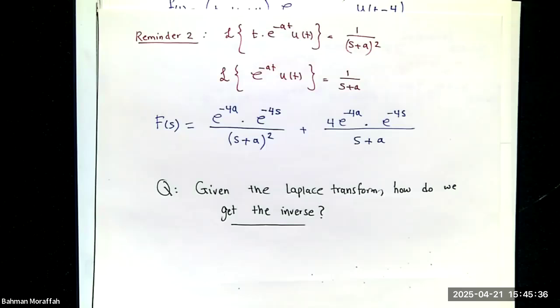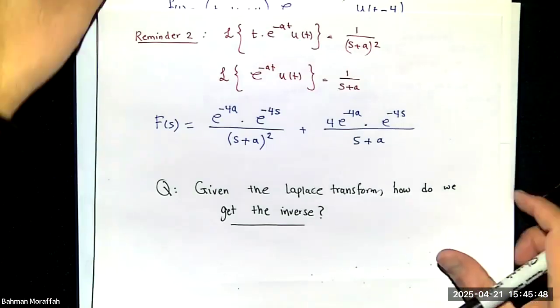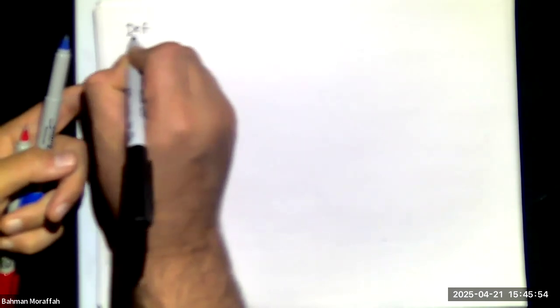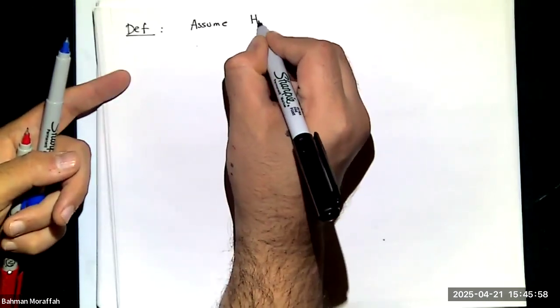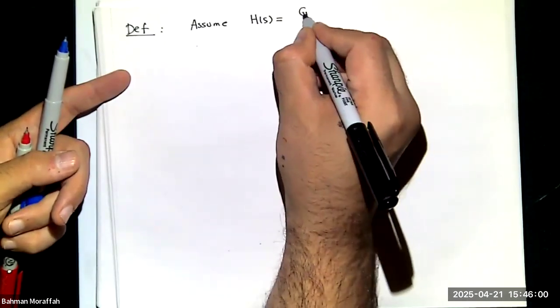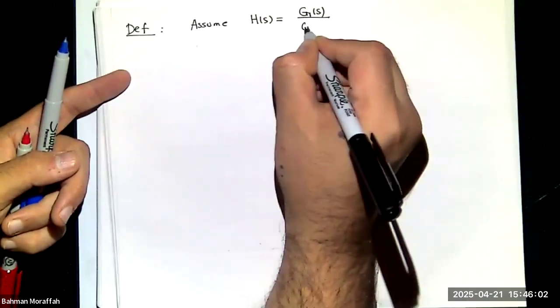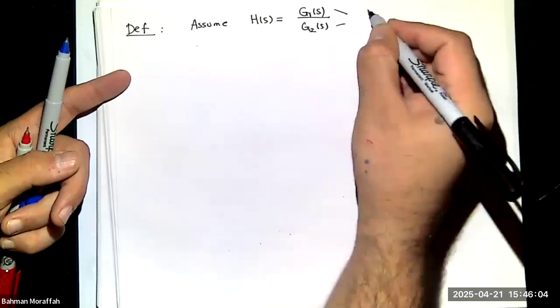Before me answering that question, let me define a couple of things that we're familiar with. We already defined them before, but as a reminder, I'm going to define them again. So definition. Assume h of s is a division of two polynomials.